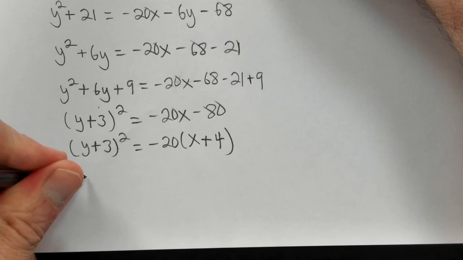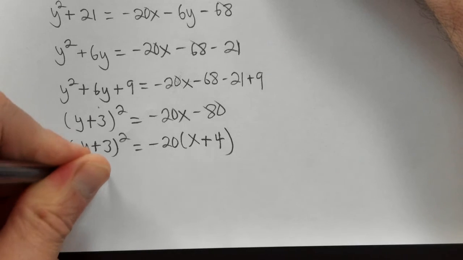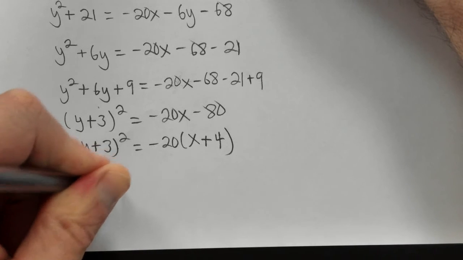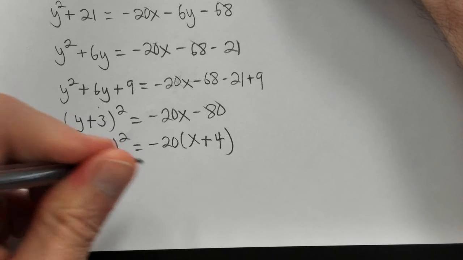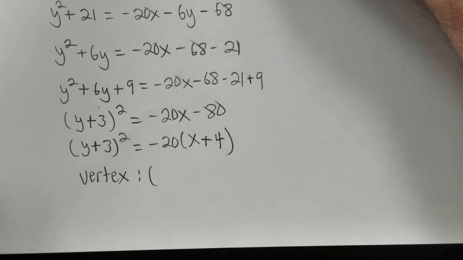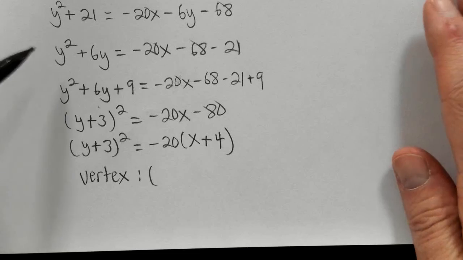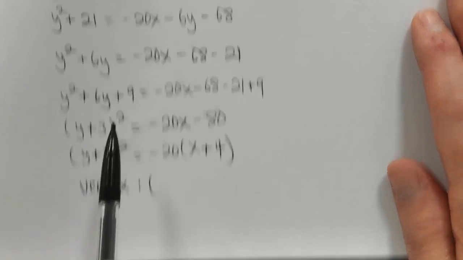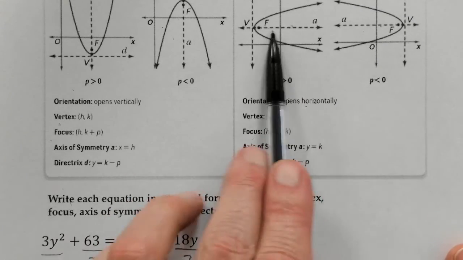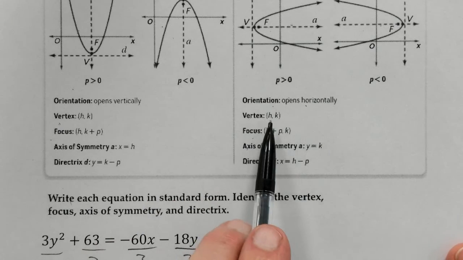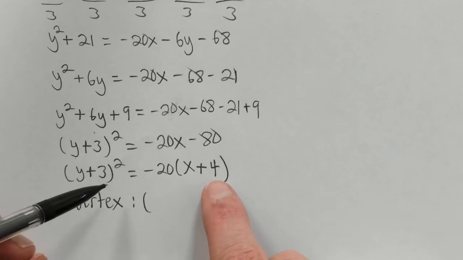Like, for example, the vertex. Okay. So how do I find the vertex? The vertex is going to be, and once again, since the y's are squared, I know that I have a horizontal parabola. The vertex is h comma k. Well, I can get that from here.